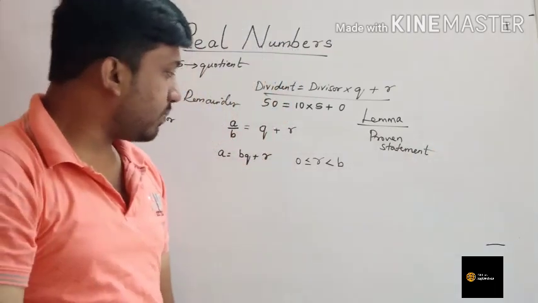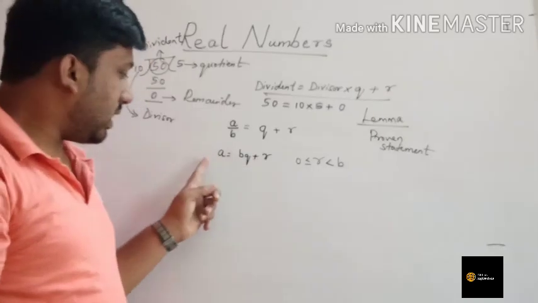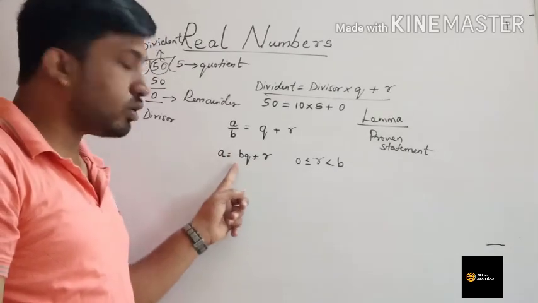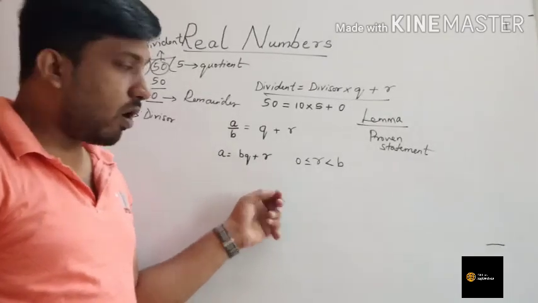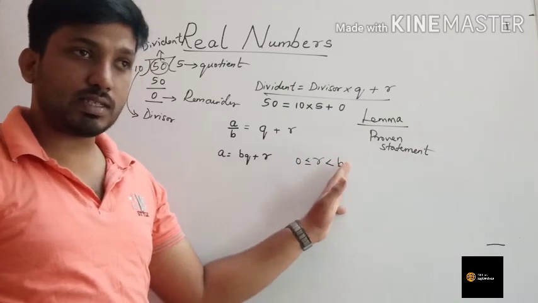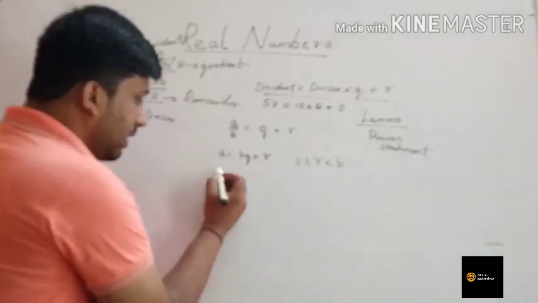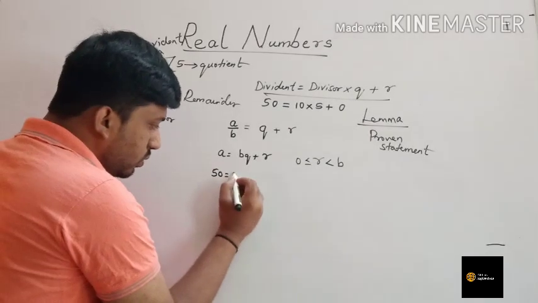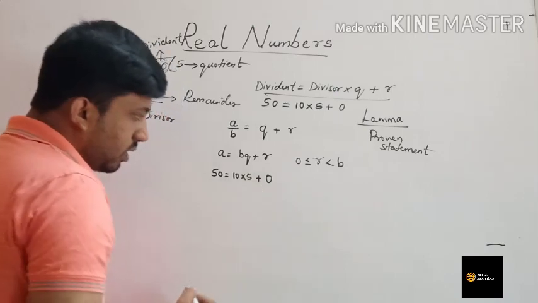So in this proven statement, we have a is equal to bq plus r, where a is some integer and b is also some integer, q is quotient and r is remainder. Always this r will be between 0 and b, that is divisor. For example, we have taken here 50 by 10. See, 50 is equal to 10 into q is 5 plus r is 0.